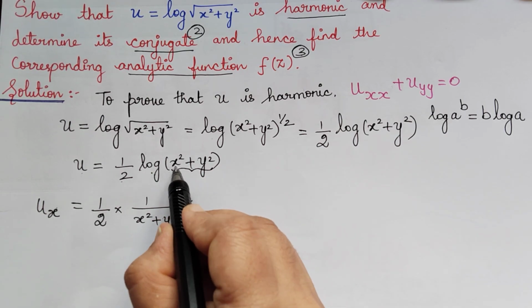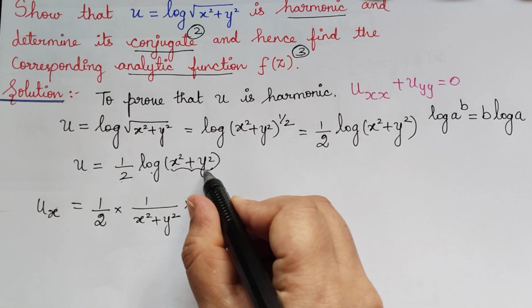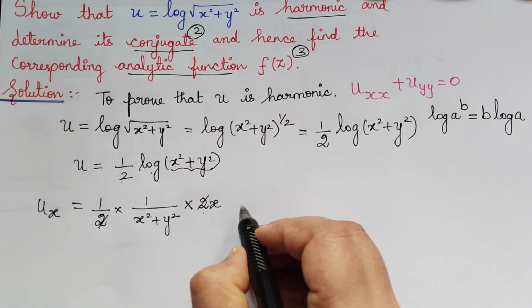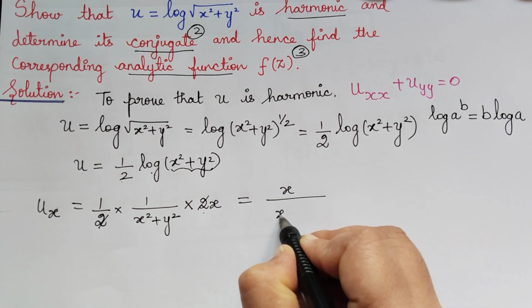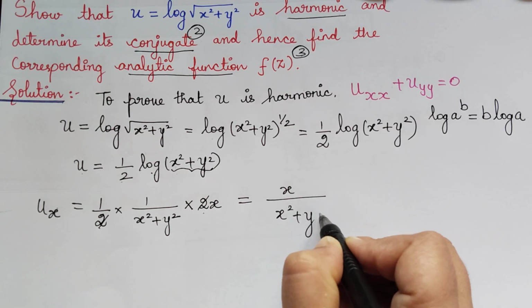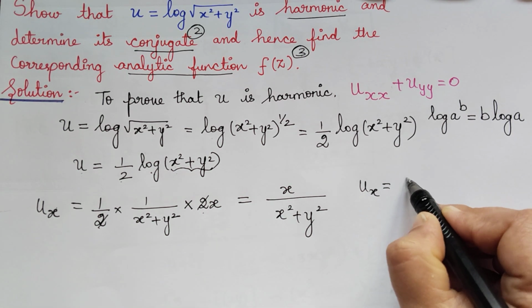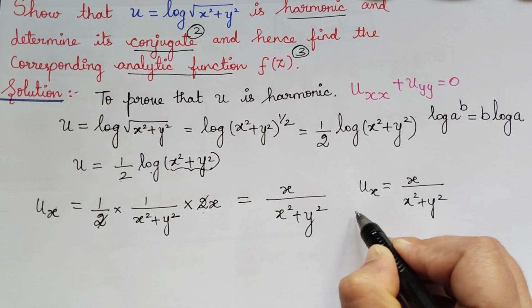Now a differentiation of x square will be 2x and the differentiation of y square is 0, so we will have only 2x, and this 2 and 2 gets cancelled and we get ux to be equal to x divided by x square plus y square. So let me take and write that. So ux is equal to x divided by x square plus y square.